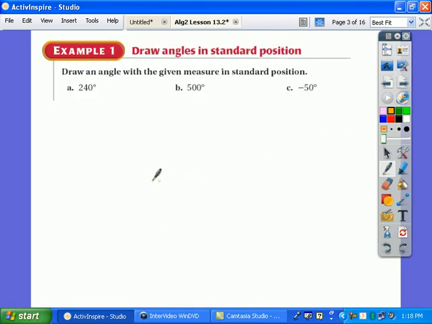So, if I want to talk about an angle measurement that is 240 degrees. Again, I have my initial side here and my vertex there. If I go up to this line, that's 90. If I come down to this guy, it's 180. All the way down here is 270, so it shouldn't go quite that far.